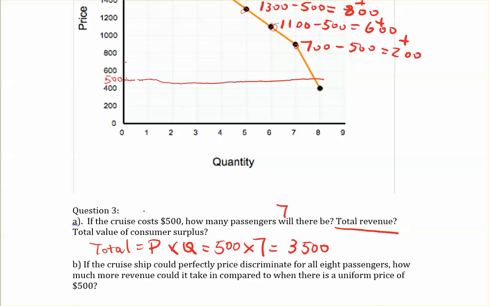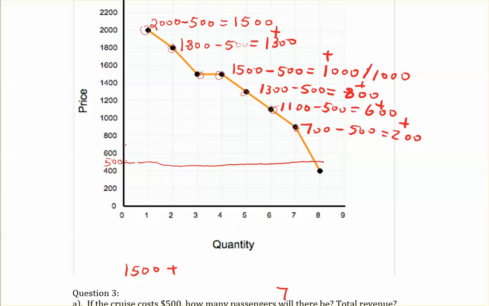To answer this question, we write down $1,500 plus the second consumer's $1,300 plus 2 times $1,000 because we have 2 persons, plus $800 plus $600 plus $200.